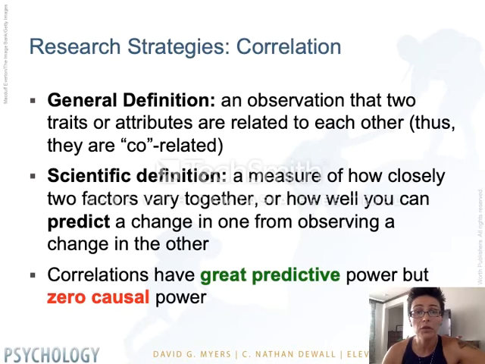So we have to be very careful because our human nature wants us to say, oh, this caused this. If it's a correlational relationship, we can only predict. We cannot determine causality.